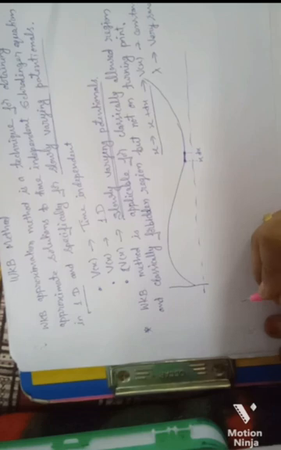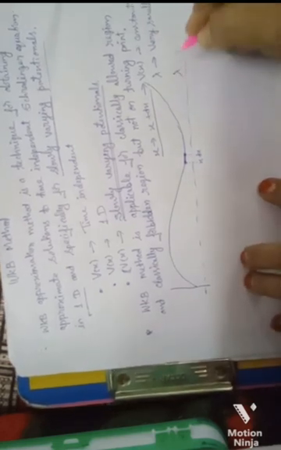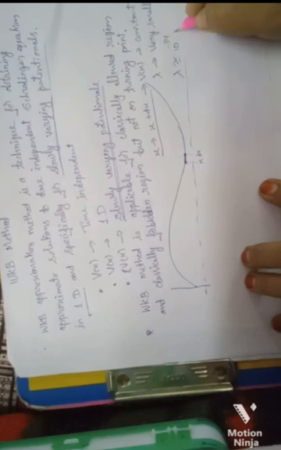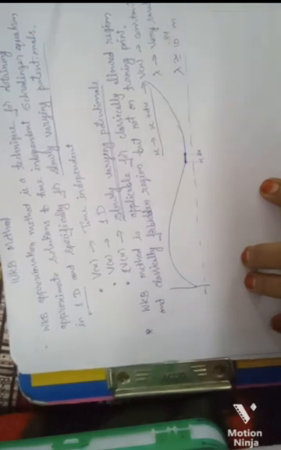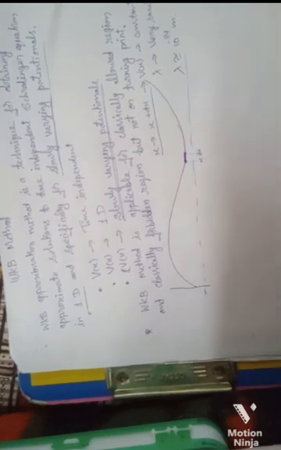How much is the value of that lambda, how small is it? It is nearly equal to 10 to the power minus 34 meter. Minus 34 means very small, we cannot even measure that lambda.